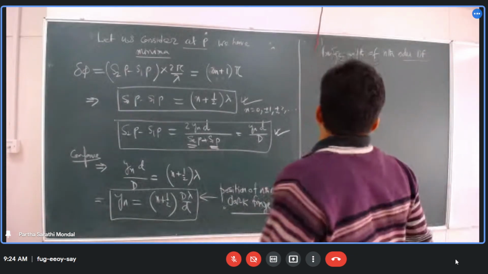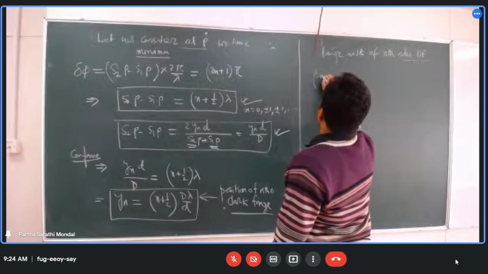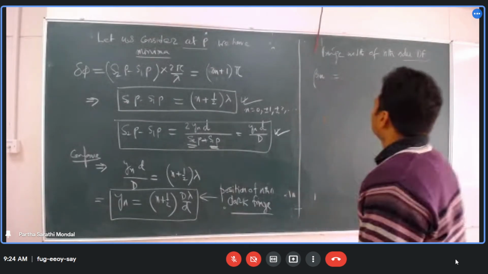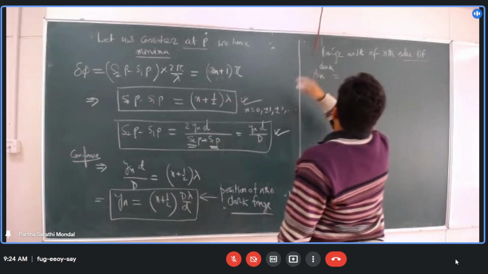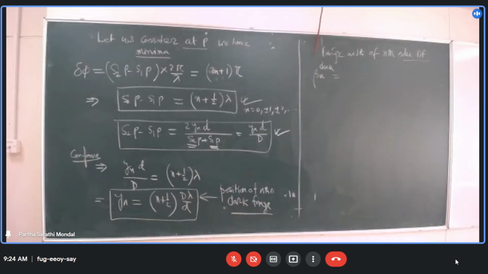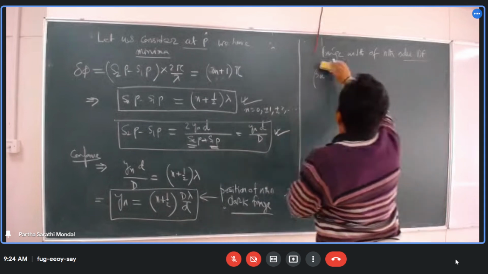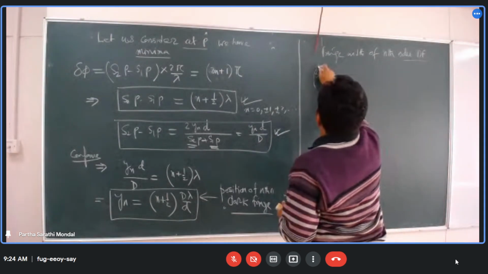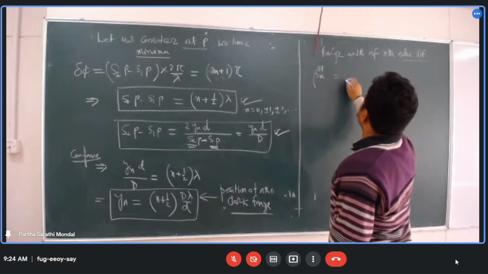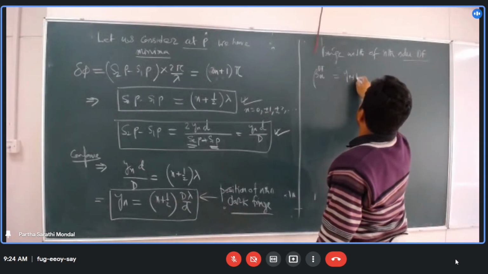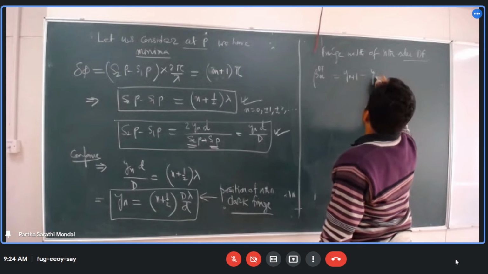Let's say this is beta n, okay, beta n for dark also, and lastly beta n bright was there. Let's say it is beta n dark fringe. How much will it be? yn plus 1 minus yn.